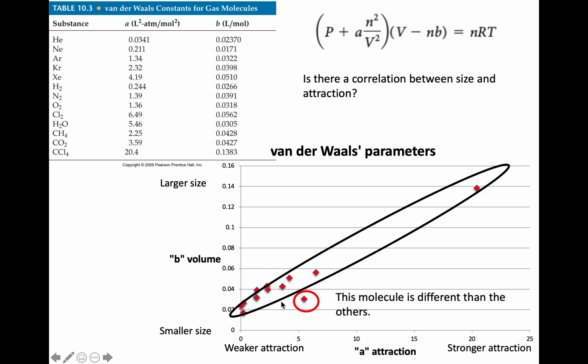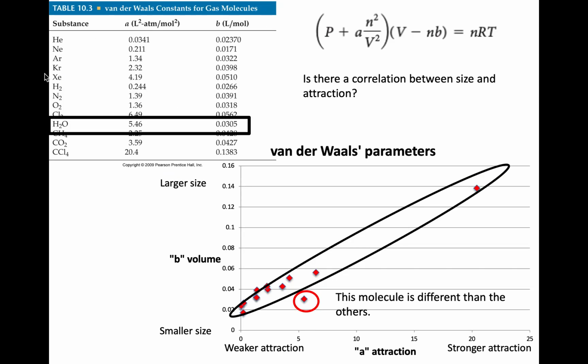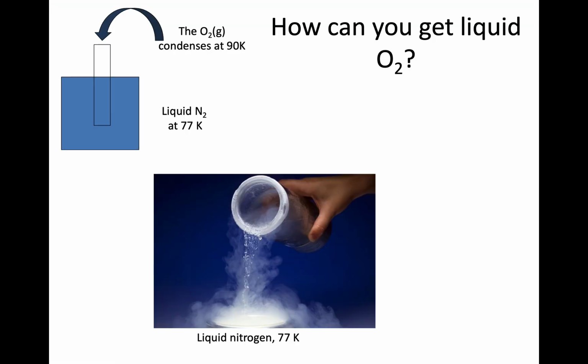But I've got one outlier here. That outlier within this group is H2O. So this is a point to discuss: how is H2O different than the other ones that are listed there? And that leads us to the obvious point that all these other ones are nonpolar molecules. H2O is a polar molecule, so this is a good lead-in to intermolecular forces.